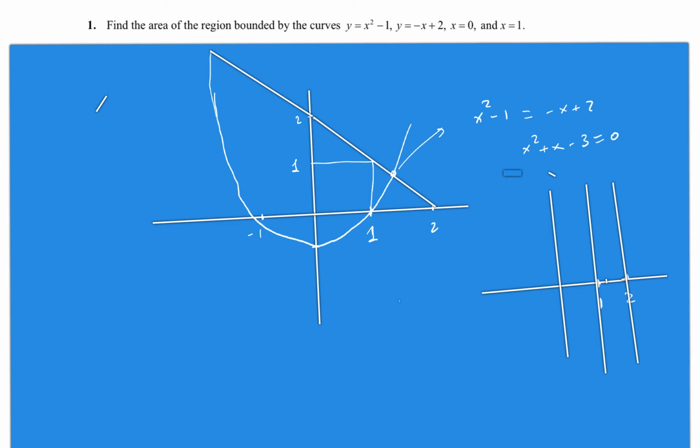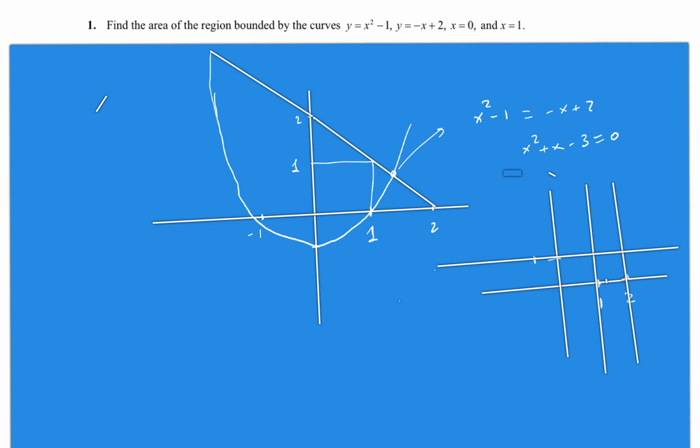The line y equals 1, for example, is the horizontal line where all the points have y equal to 1. So it's this line, y equals 1.